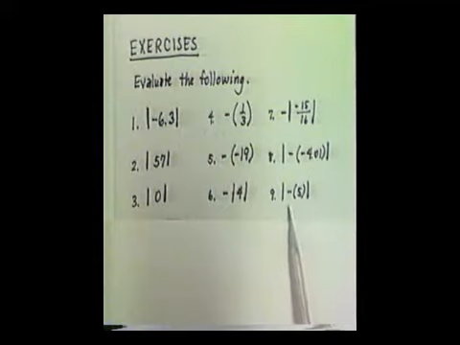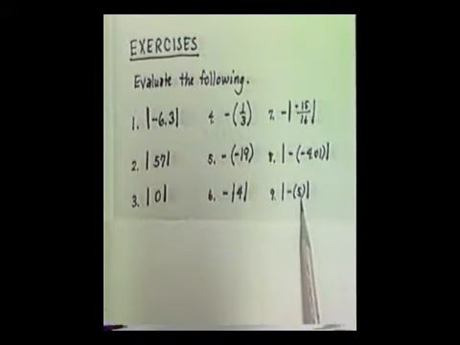Problem 9, absolute value of the opposite of the number 5. Be sure to copy these carefully, then stop the tape, work the problems, restart the tape, and check the answers.